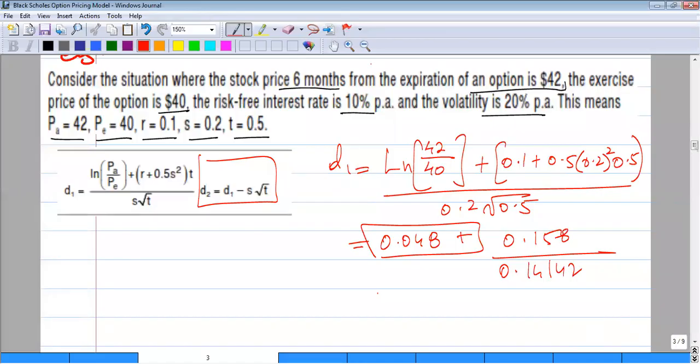So the answer that we get from this is 1.1172, so this is what D1 is. Now let's talk about D2.